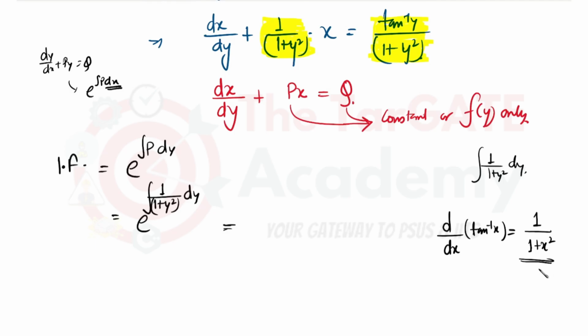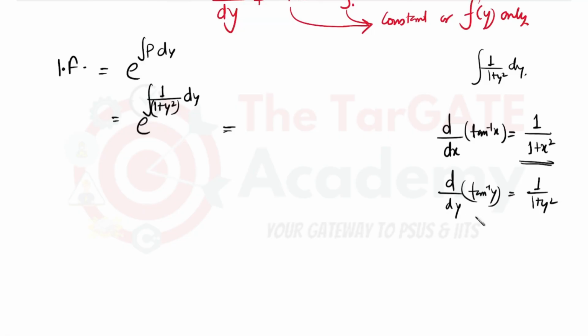It is 1 by 1 plus x square. If you do differentiation, d by dy of tan inverse y is equal to 1 by 1 plus y square. So this is the differentiation of the inverse tan inverse y.